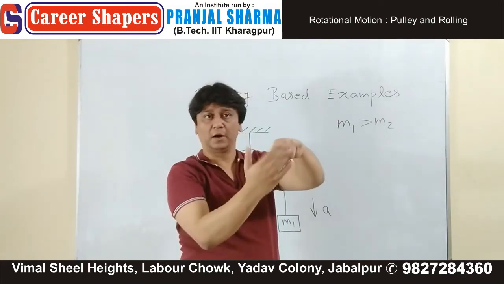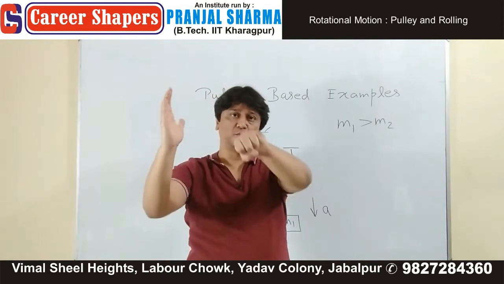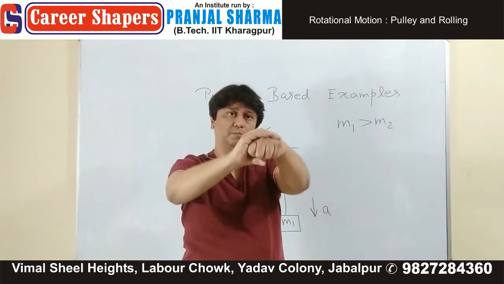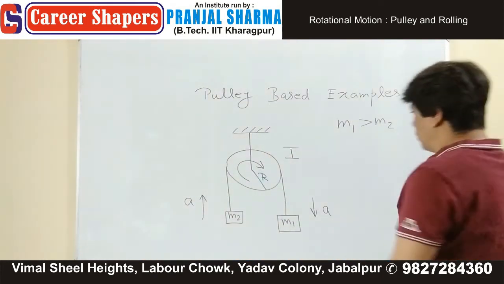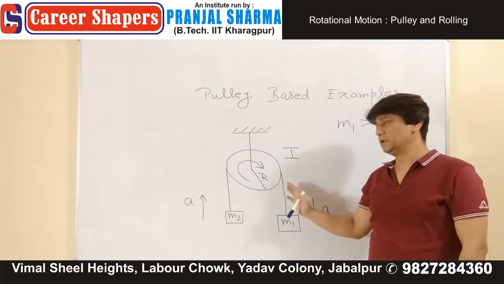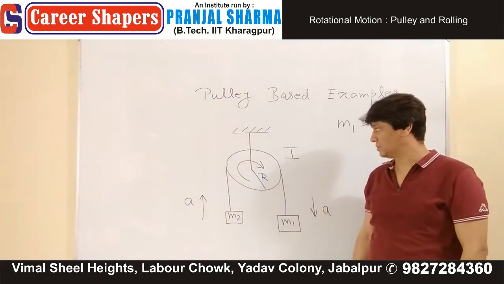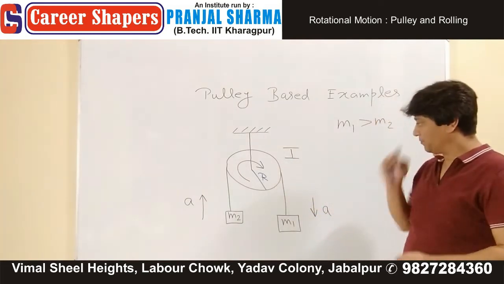The pulley part is going to rotate. There is no slipping present between pulley and the rope. So, once you say that there is sufficient friction, the pulley is going to rotate like this.